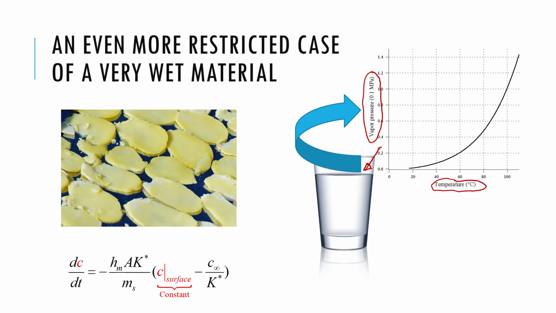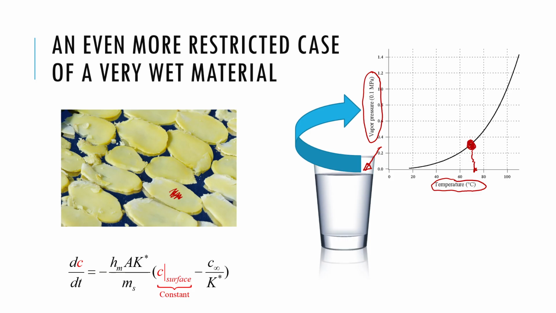So the vapor pressure above the food surface can be approximated by the vapor pressure above pure water, which is only a function of temperature. Then at a given temperature, whatever temperature you're drying, the amount of vapor is fixed.